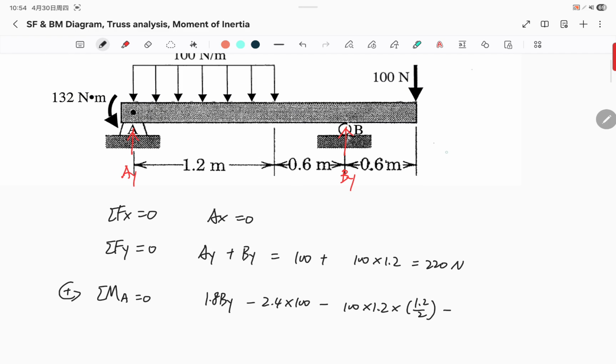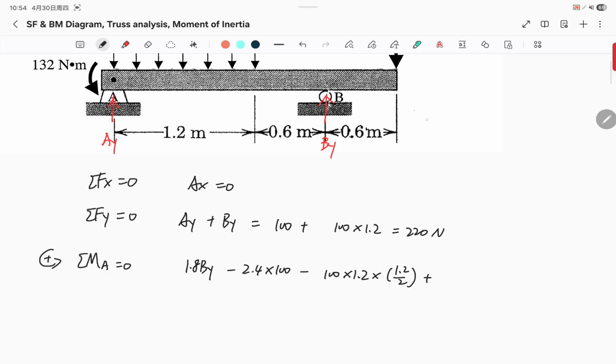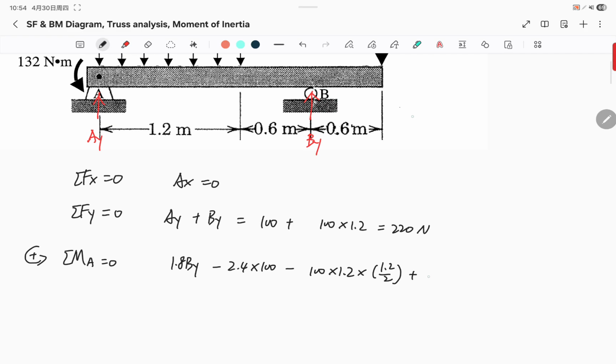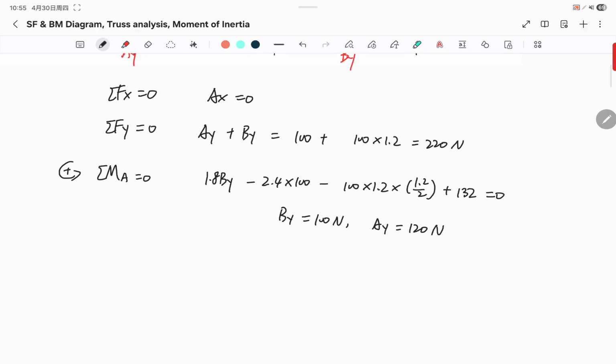And then we have a positive 132 Newton meter at point A. Don't forget that. Solving this, we get BY equals 100 newtons. And then AY from the second equation is 120 newtons.